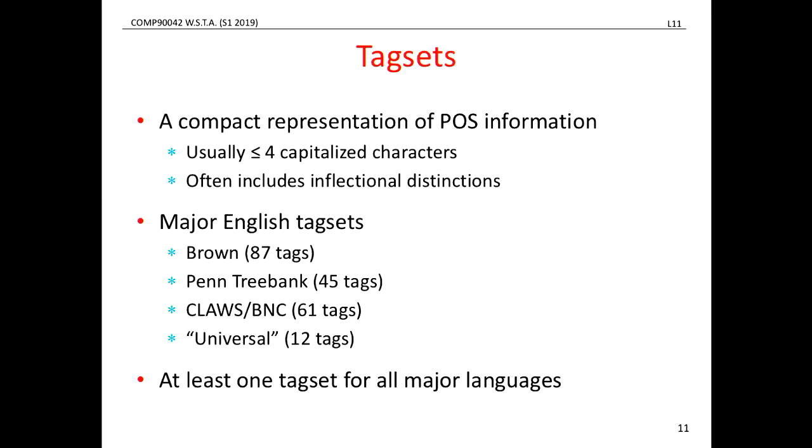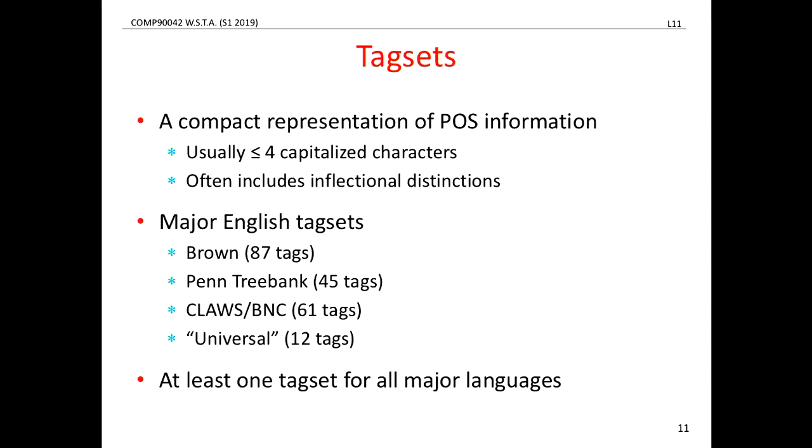We often write them in uppercase, and they often include some kind of inflection, like past tense verb, singular, and so on. Now there's a whole lot of different data sets that have been marked for part of speech. Almost, well, I don't know, maybe I'm exaggerating, but most of them have their own tag set.